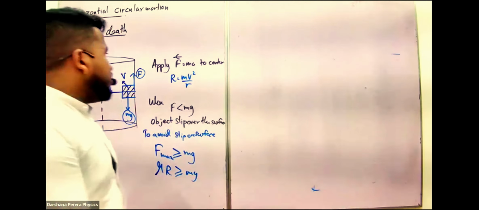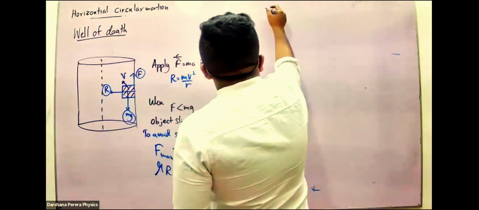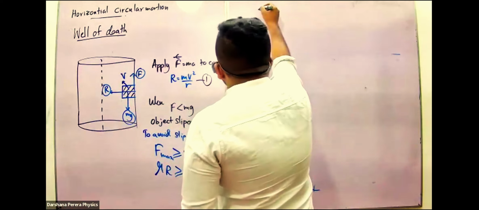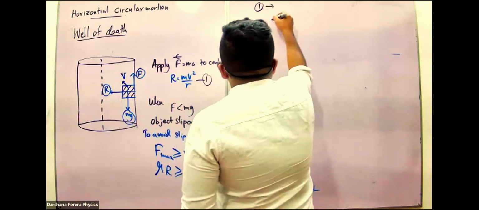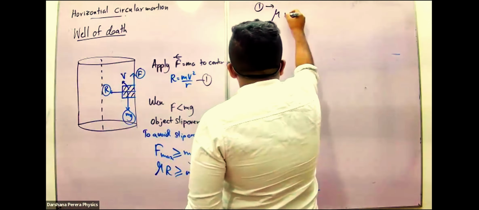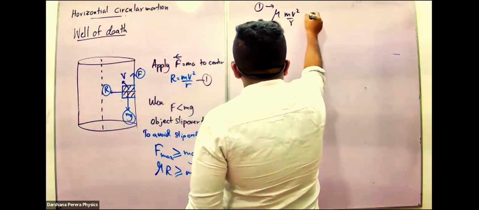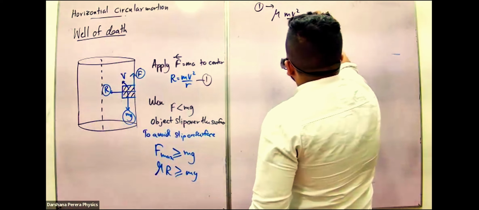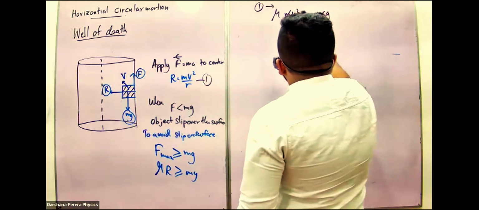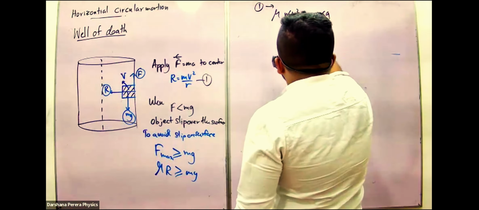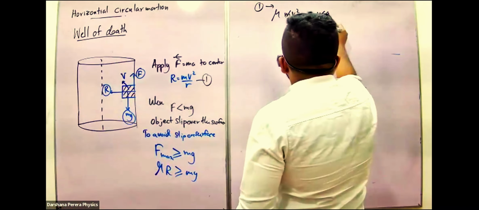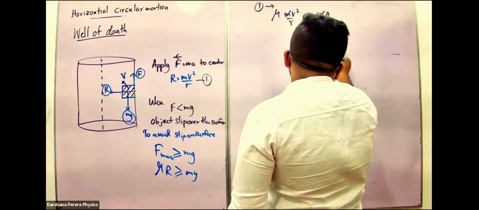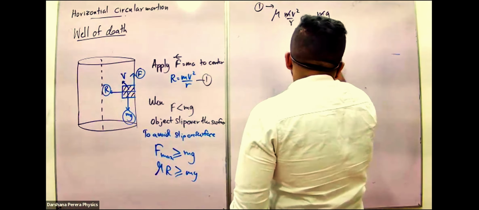R equals mv square over r. From 1, mu R equals mv square over r equals mg. Then v square equals gr over mu.